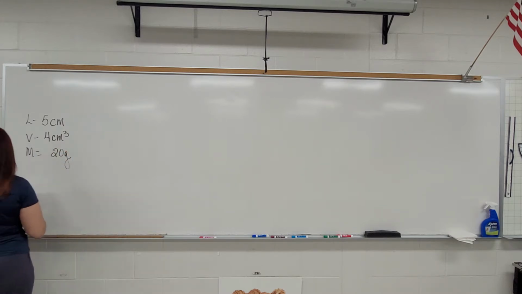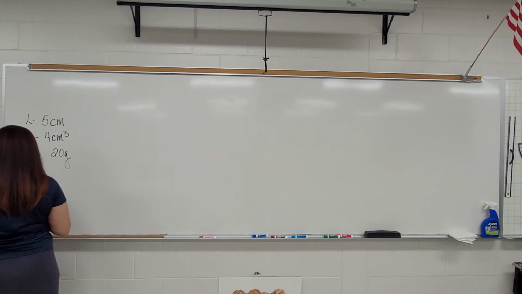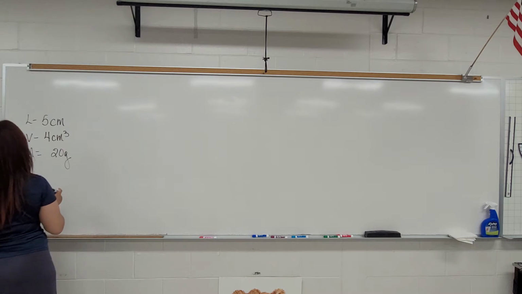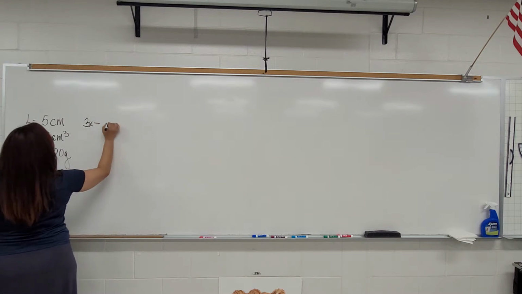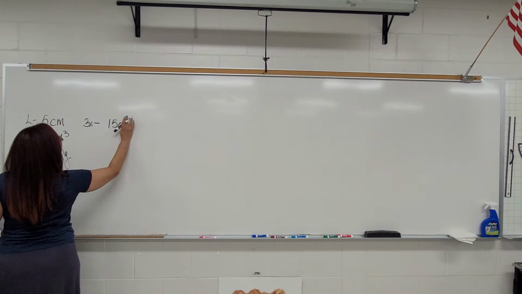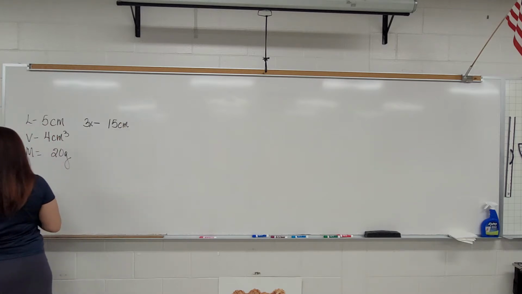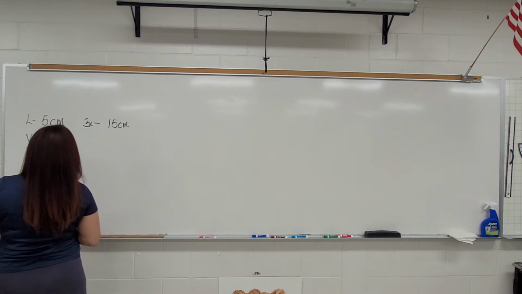The question is asking, suppose another piece of the rod is cut that is 3 times as long. Then that would be 15 centimeters. What is its mass in grams?